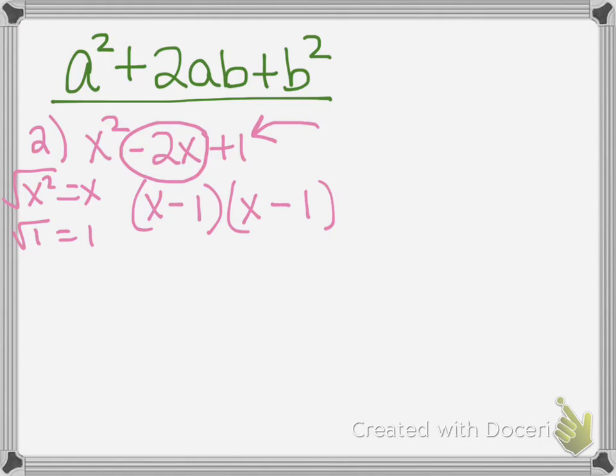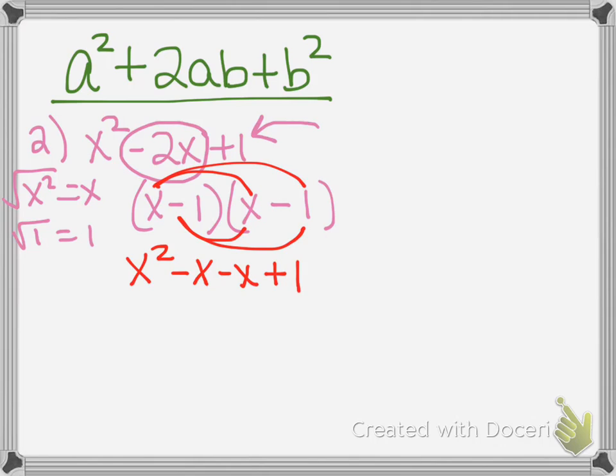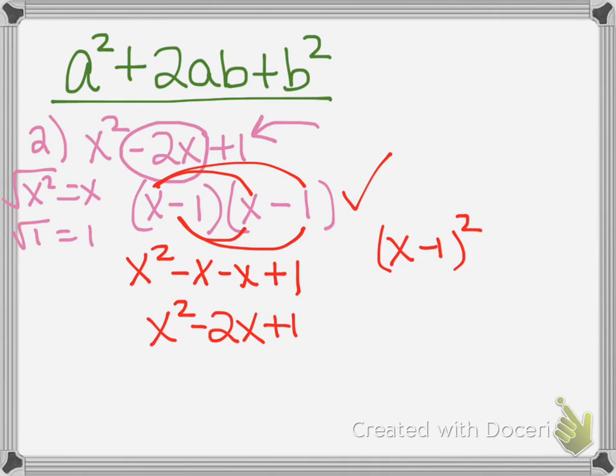And when we FOIL, we get x squared, we get negative 1x or negative x, and another 1, and negative 1 times negative 1 gives you the positive 1. So when we double check, we get what we started with. So again, we could write it in a different form and also say x minus 1 squared.